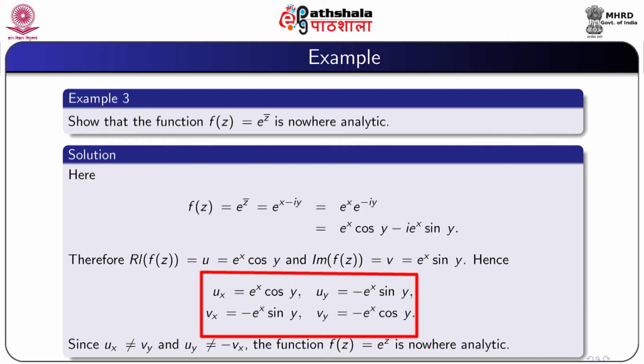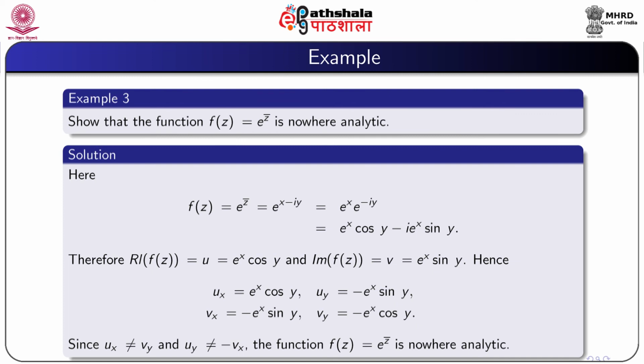So, differentiating both u and v partially with respect to x and y, we obtain ∂u/∂x equal to e to the power x cos y, ∂u/∂y equal to minus e to the power x sin y, ∂v/∂x equal to minus e to the power x sin y, and ∂v/∂y equal to minus e to the power x cos y.